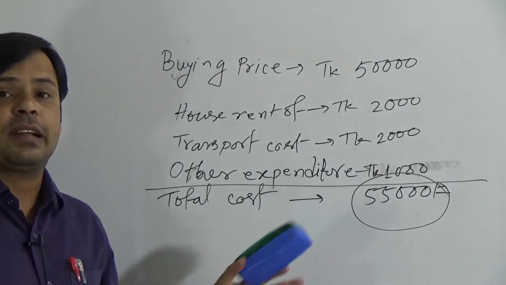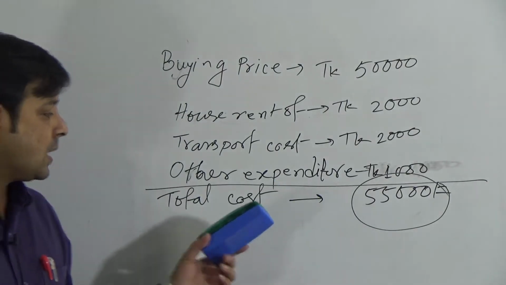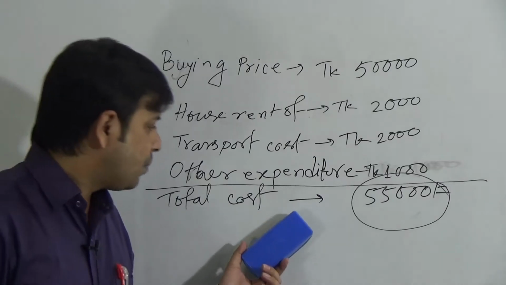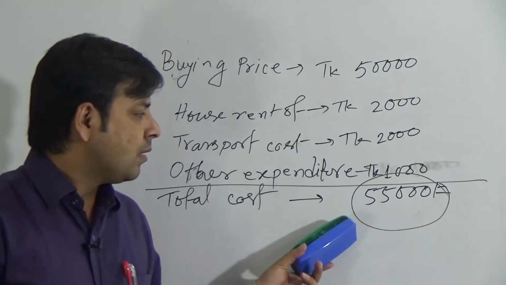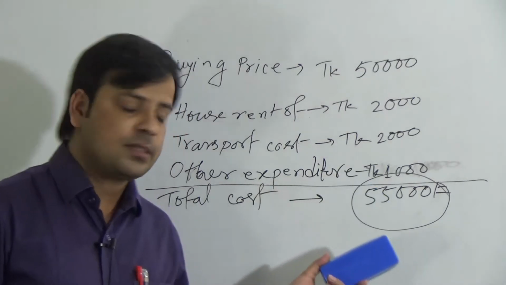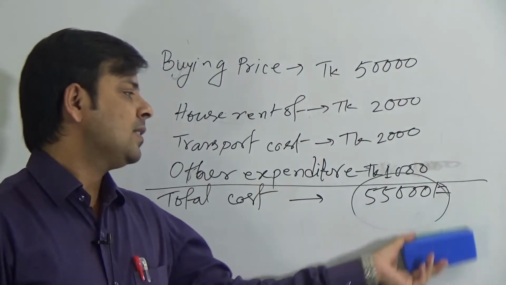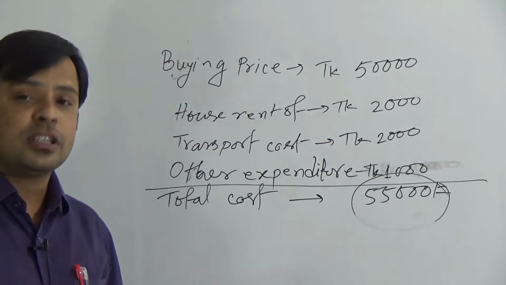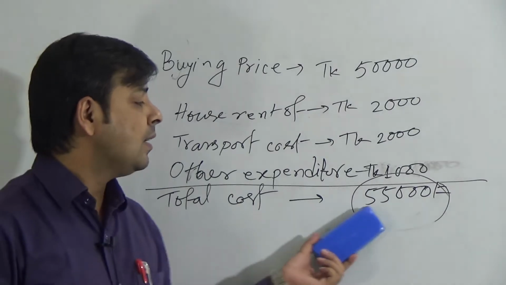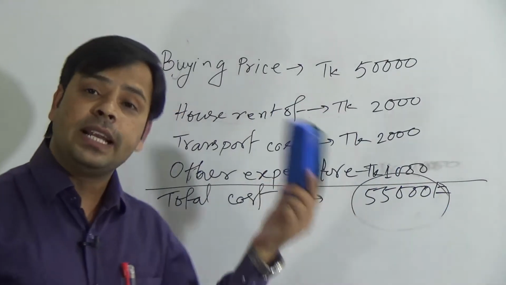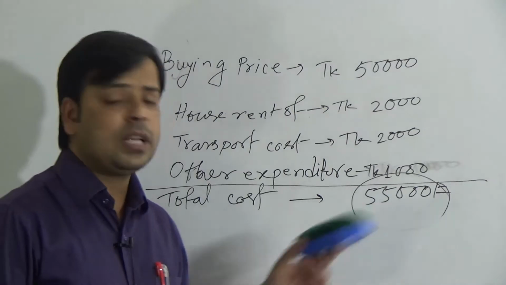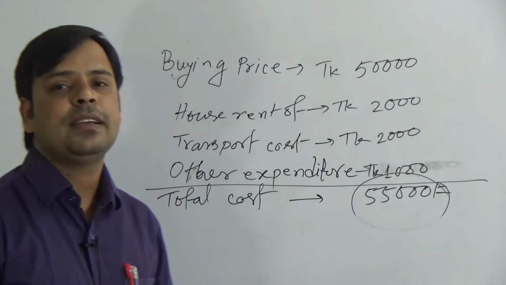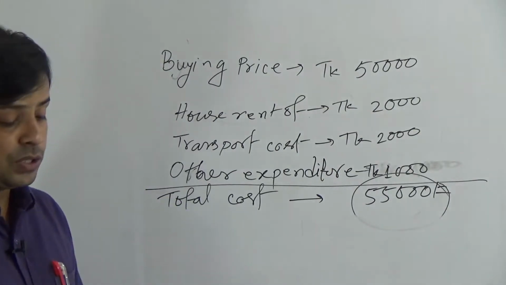If the person cannot sell the commodity with his fixed price, then it will be a loss for him. It means that if the selling price is less than the actual cost price, then it will be a loss for him.